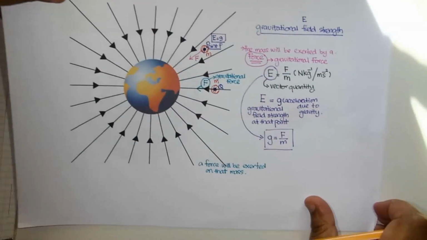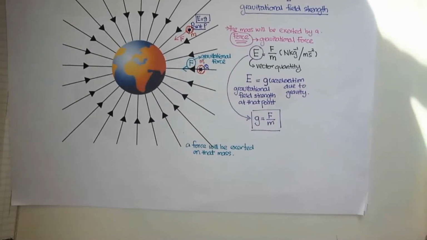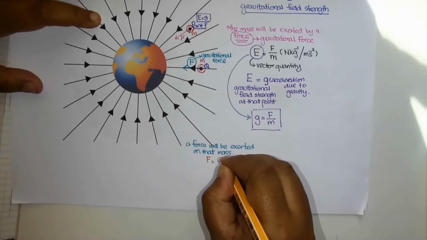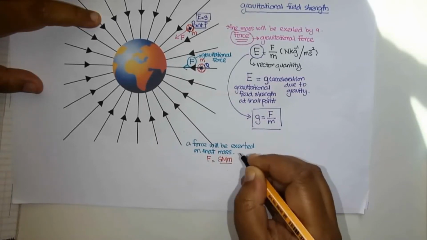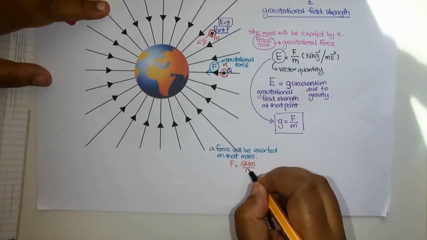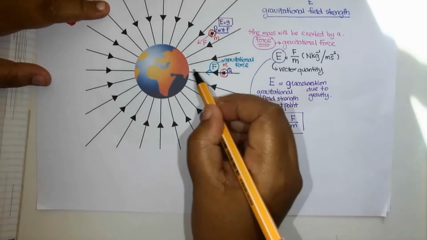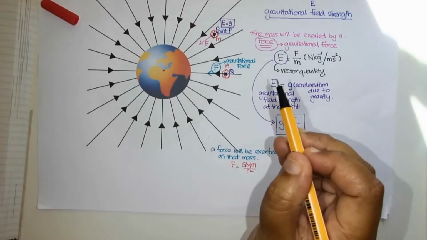Okay, and this gravitational force which we have studied, the formula will be F equals GMm over R square, where R is the distance from the mass to the center of the earth.